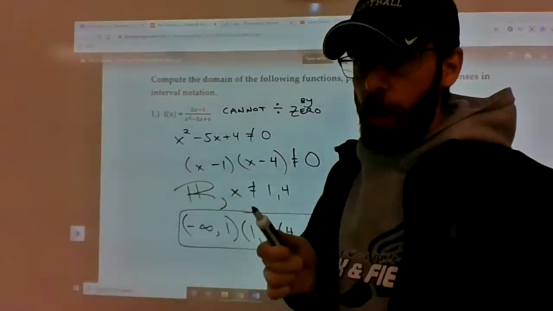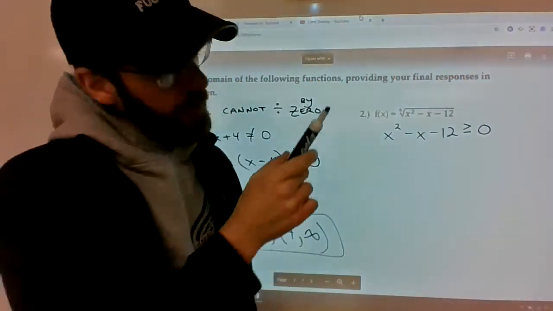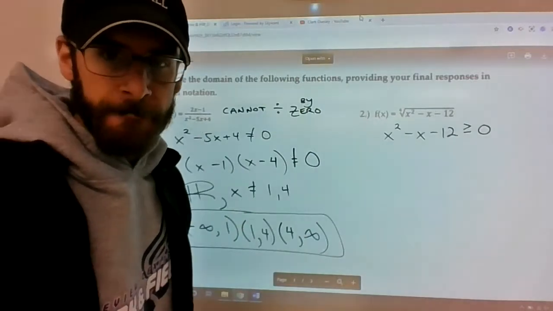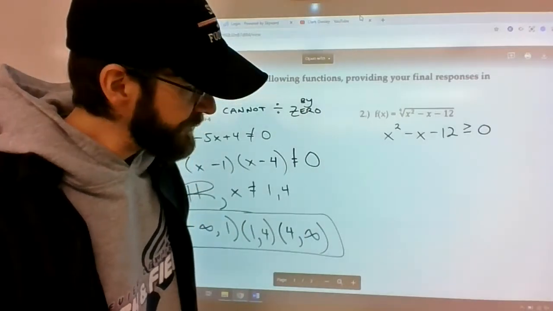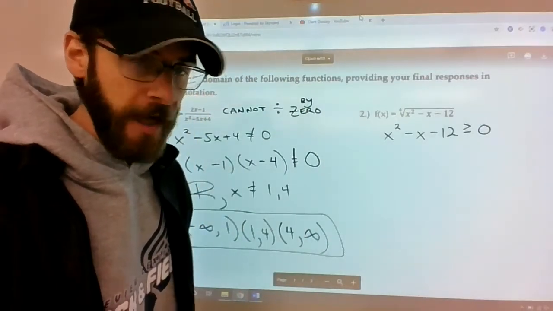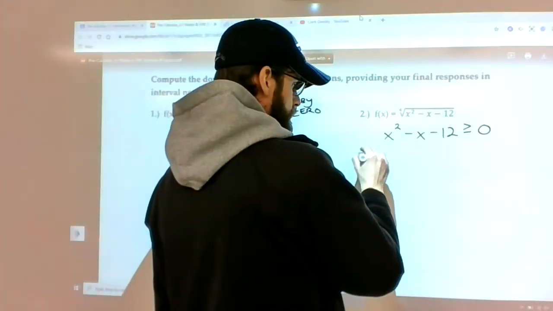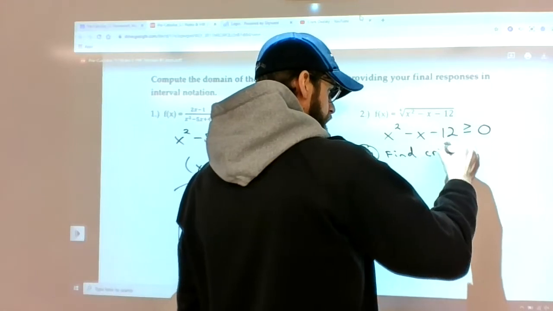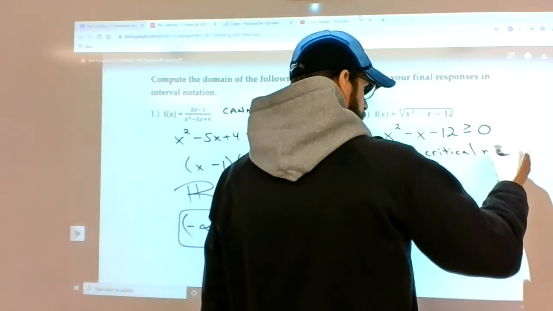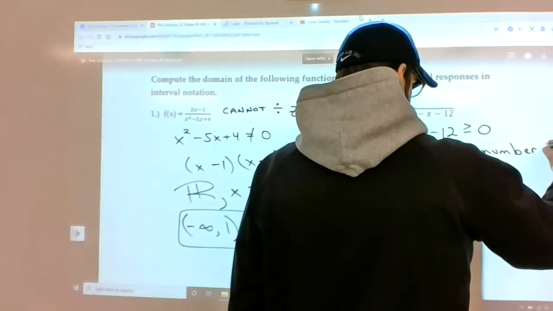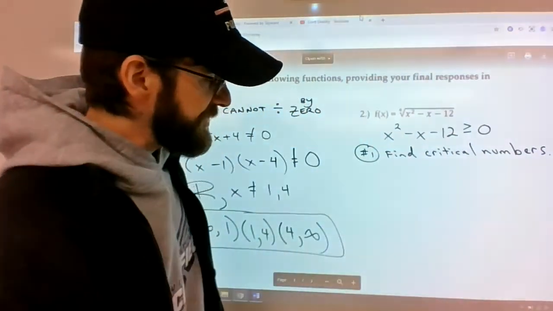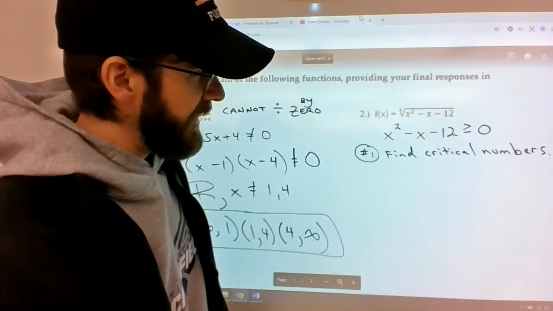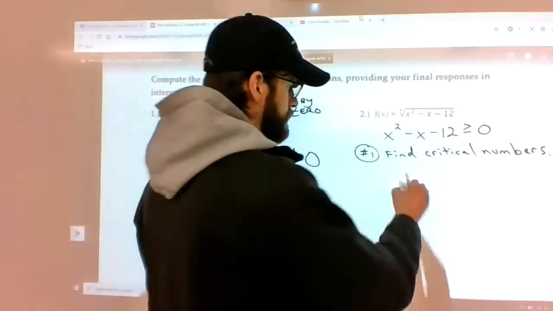And if you recall, when we did inequalities with quadratic structure, we found critical numbers, the places where it zeroed out. In this case, it looks like x squared minus x minus 12 is factorable.